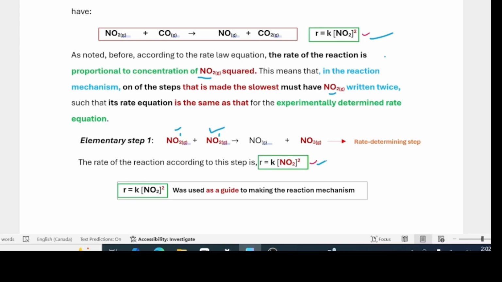So what we're saying is that the experimentally determined rate law guides the creation of a reaction mechanism. Since this is the rate law equation, it's telling us, look, you must have 2 NO2 inside, because this is raised to an exponent 2. You have to put in one of those steps NO2 and another NO2. It must not have any other species inside.